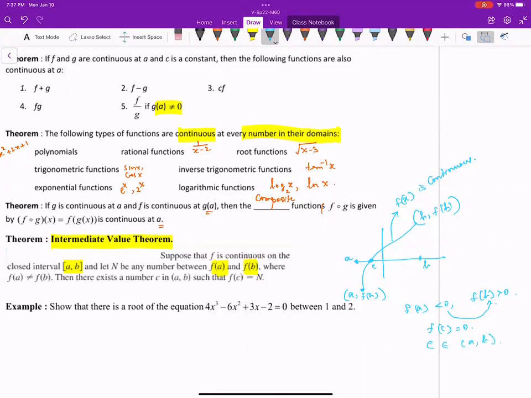So if the y coordinates of the end values of the interval change in sign, then definitely there will be at least one root. In this graph, you can even have the graph crossing the x-axis more number of times. The graph can also look somewhat like this.